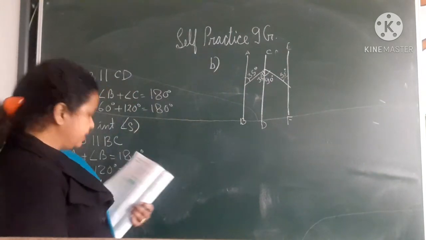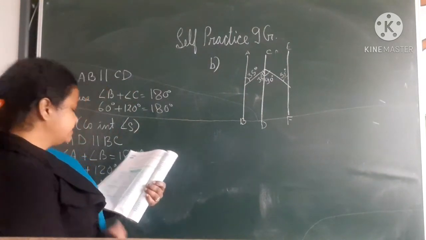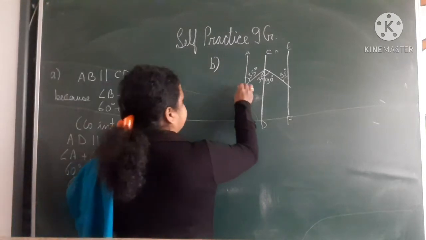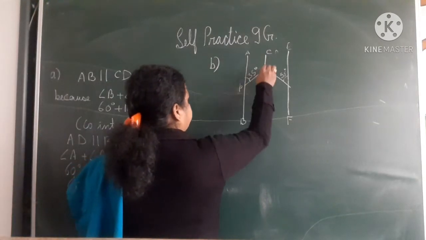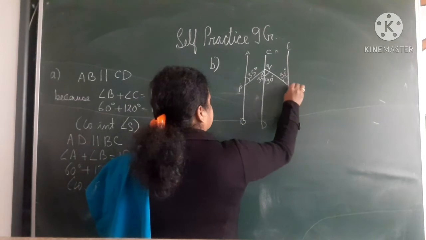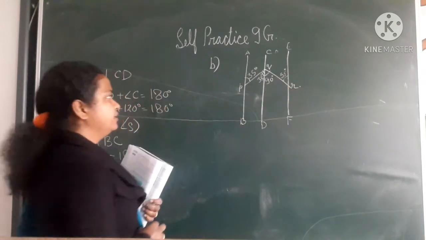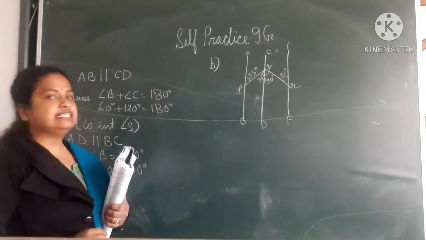Okay, so here you see I am writing some points here. So I am taking it as small p, small q and small r, so that you can easily name it.